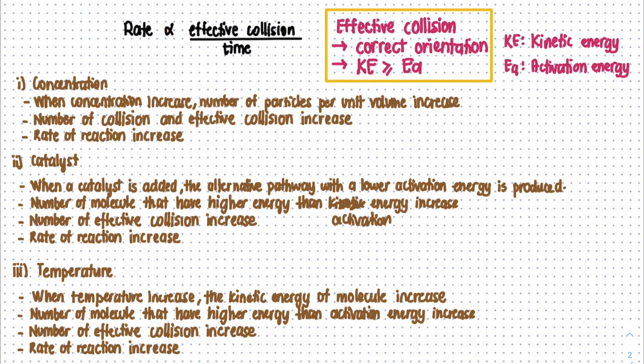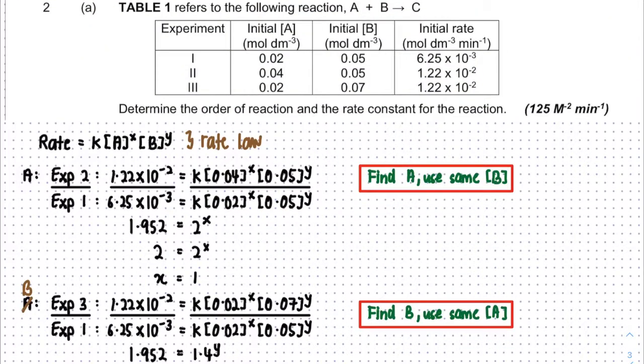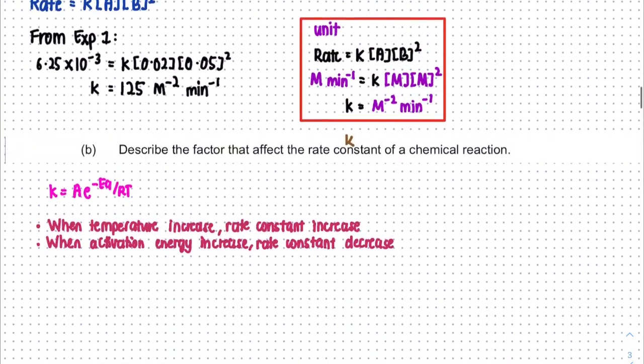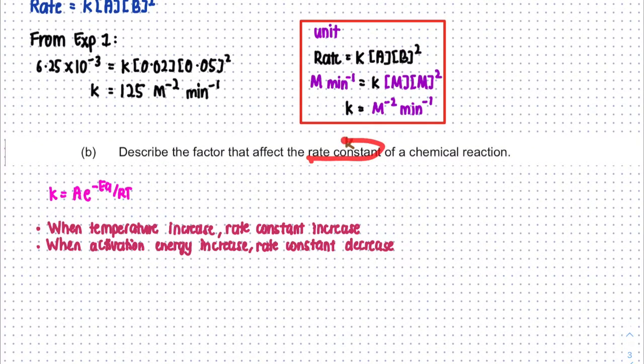Kalau rate constant is actually k, where k ni is actually the formula we have learned based on our Arrhenius equation. Okay, so for our Arrhenius equation ni, we can say that okay, A ni is Arrhenius constant, e ni is our exponent lah. Okay, R ni is a gas constant.